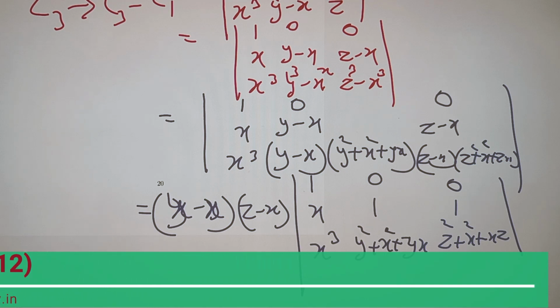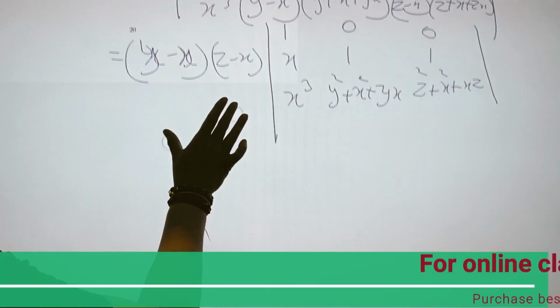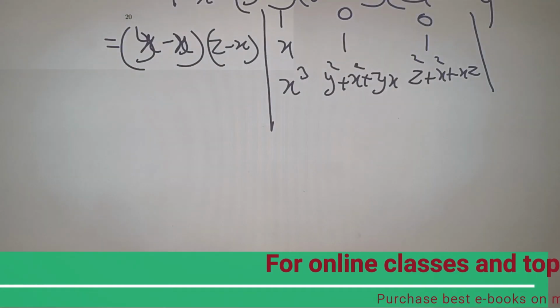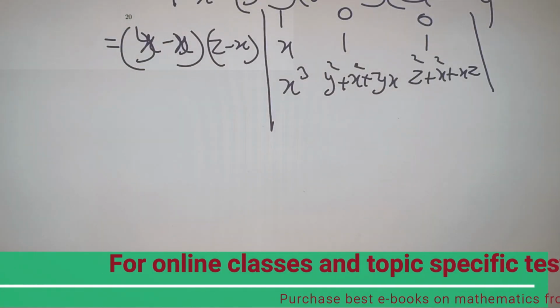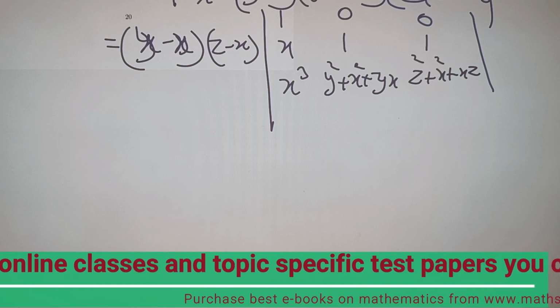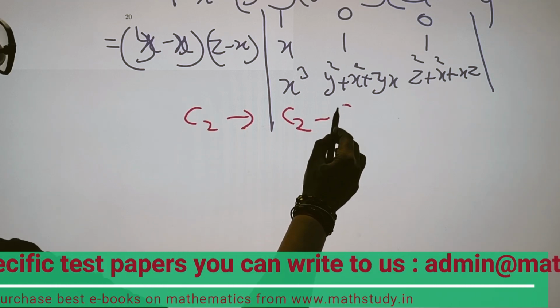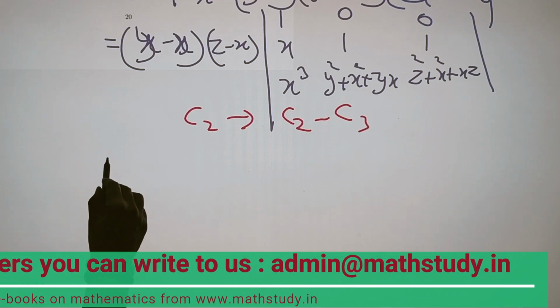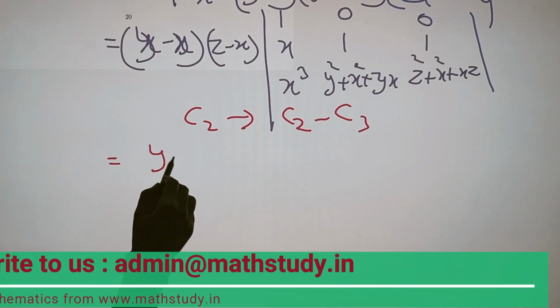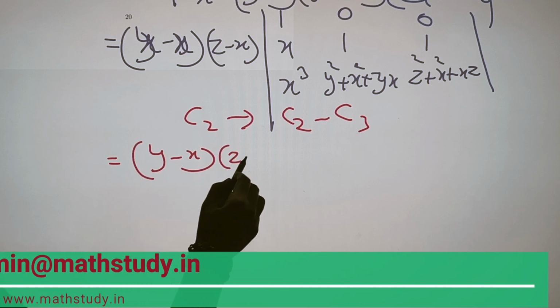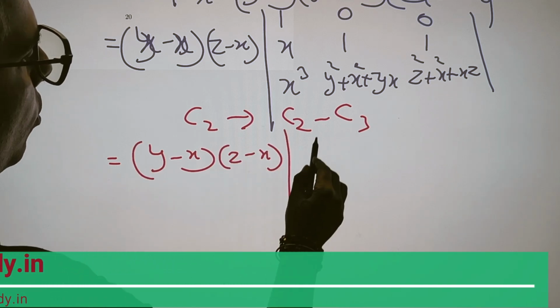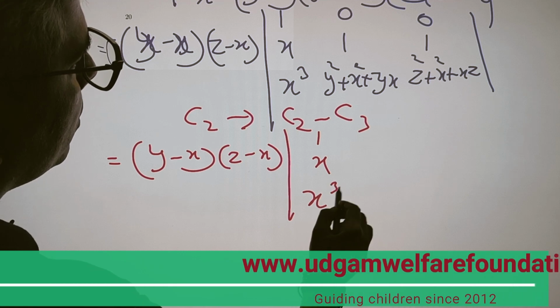How? Simply we can apply our operation on column 2 or column 3. So let's apply again operation on column 2. Let us say column 2 can be written as C2 minus C3 here. So what we'll get here? Y minus x into z minus x. Now 1x cube.